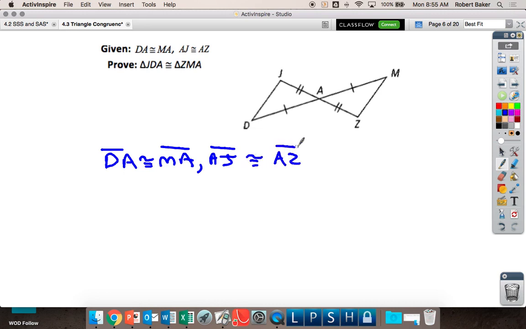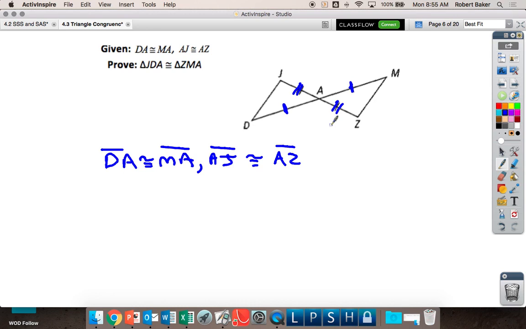It tells you you have DA is congruent to MA, and you have AJ is congruent to AZ. What else can you see that will create a shortcut and then prove the two triangles are congruent? So what else can you see?